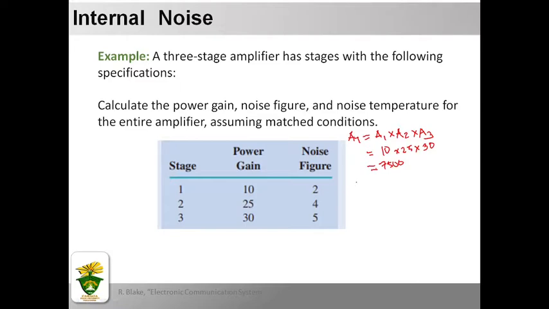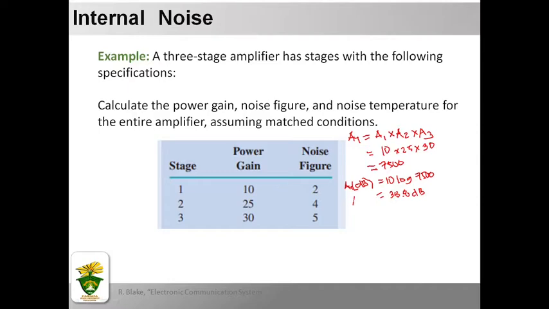When in dB, the gain in dB is 10 log of 7,500, which is equal to, what is the value? It is equal to 38.8 dB. So that is the total gain. Next is, what is the noise figure of this amplifier?